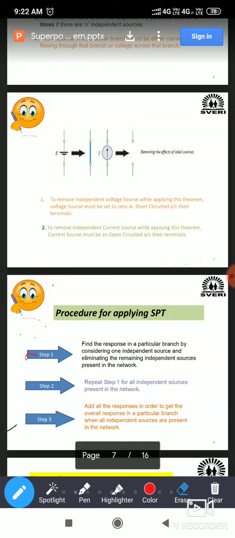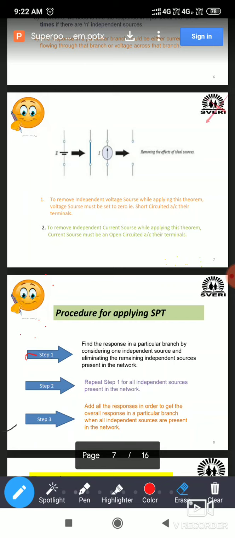And if we compare the practical current source with the ideal current source, then the resistor which is in parallel should be infinite. Infinite resistance, R equal to infinity, means it is an open circuit. That's why the current source should be replaced by an open circuit. This is the reason why we replace voltage sources by short circuit and current sources by open circuit. Now, two points I have given below.